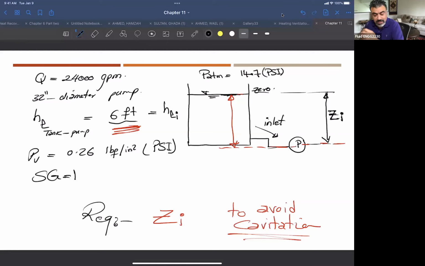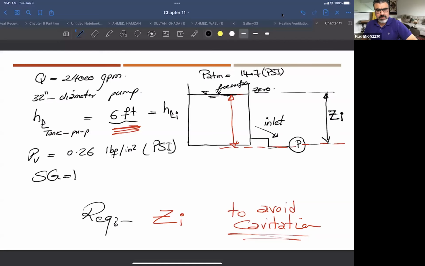So let me see here. 8.7 below the free surface. Thank you, Spencer. Yeah, it's right because the reference here is your free surface. So in this case, the pump has to be put under the surface, 8.7.